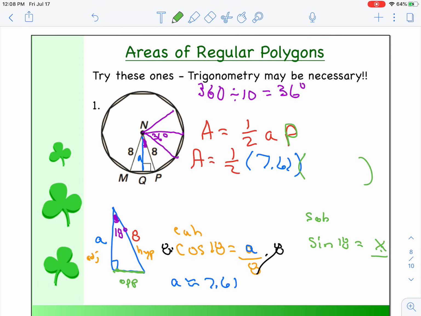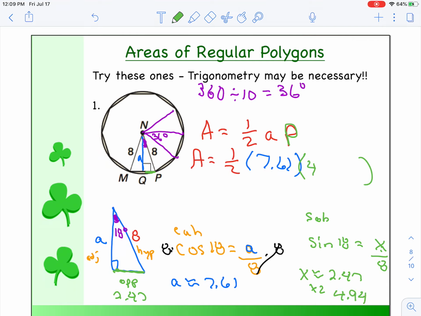So the sine of that 18-degree angle is equal to the opposite side, x, probably should call it y, but it's okay, divided by 8. So again, multiply each side by 8, and that gives you that your x value is approximately 2.47. So this is 2.47.